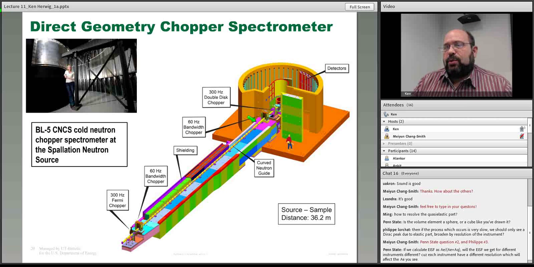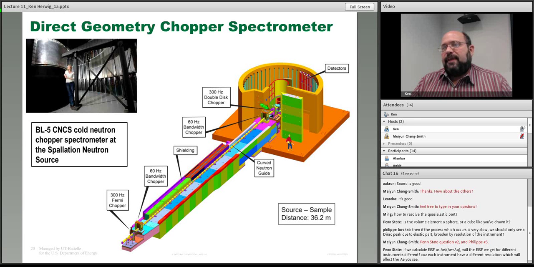Direct geometry spectrometers choose to do their monochromatization of the neutron energy in a different way. We start with a pulse of neutrons and we may modify it along the path to the sample. But somewhere close to the sample, we put an energy selecting set of choppers.